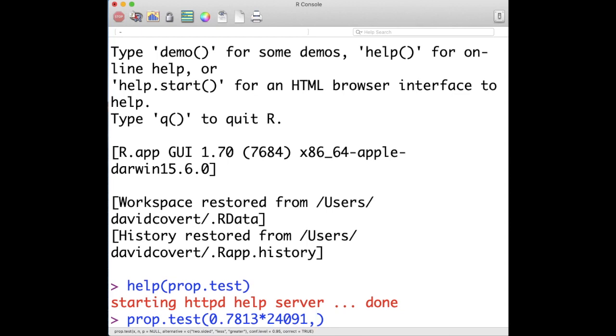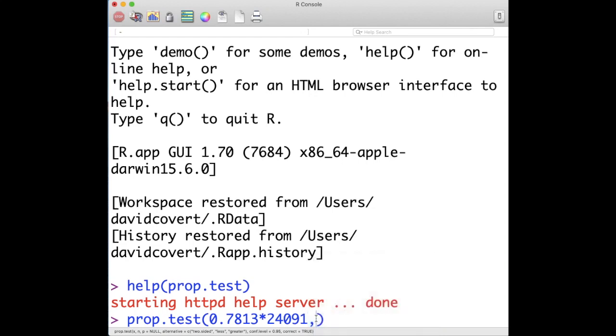So the first value that we're going to put in is the number of people that have whatever characteristic we want. That's what we call x, right? Remember, p hat was x over n. This is our x. So it's something like 18,822, I think, is the number that goes there.